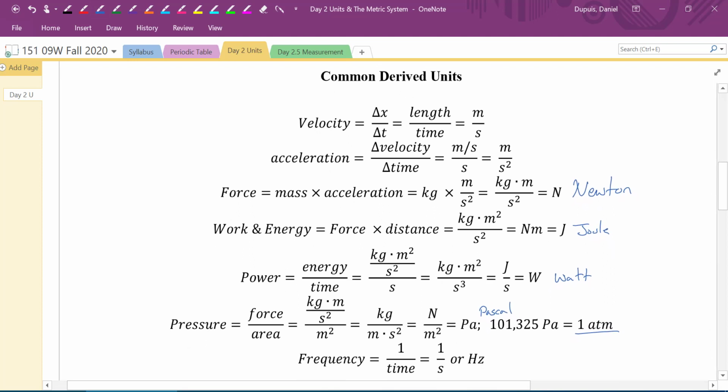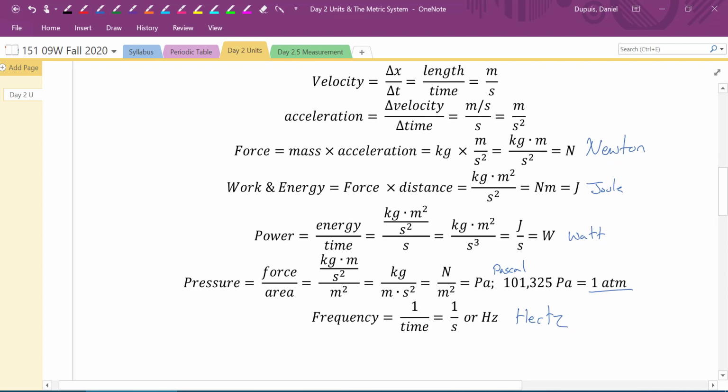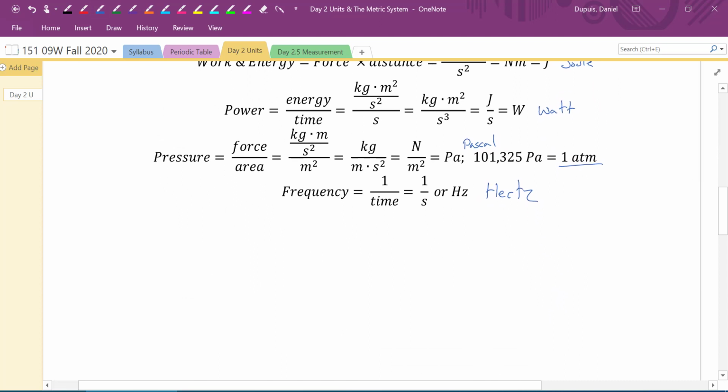Frequency is 1 over time, cycles per second. Alright, rotations per second, whatever you want to talk. It's hertz. H-E-R-T-Z. It's hertz. Alright, it just has to do with waves, and we'll get to that in chapter 2. Alright, so those are the common derived units, our fundamental units, and so those are the units we will use in this class.